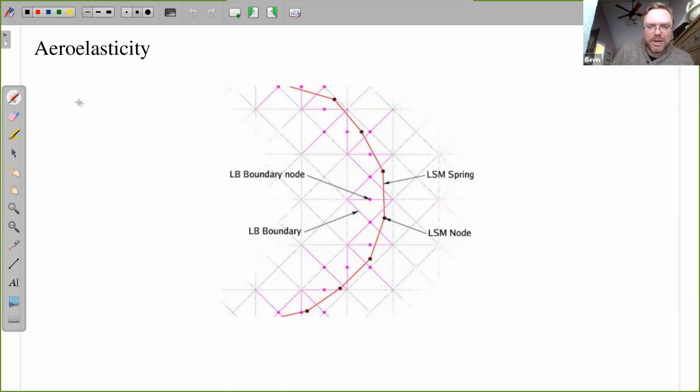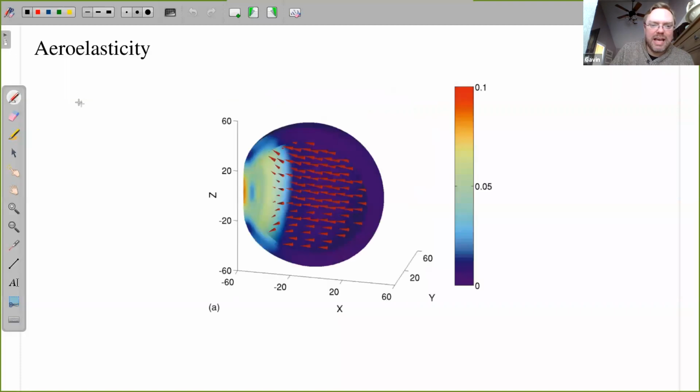Here's a simulation of basically a ball with some fluid in it, and it's coming in from the right and hitting the wall on the left. You can see initially the deformation of the elastic part, the lattice spring model, and the arrows inside are the lattice Boltzmann fluid mechanics.